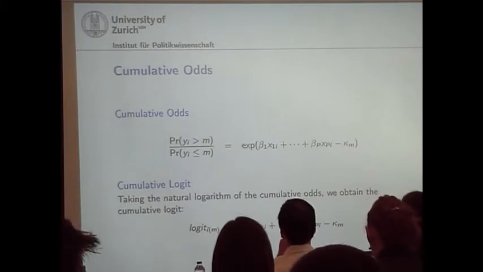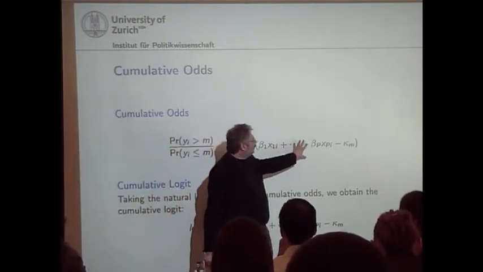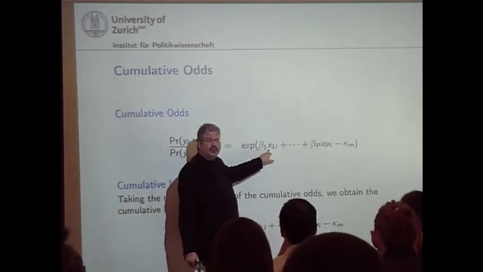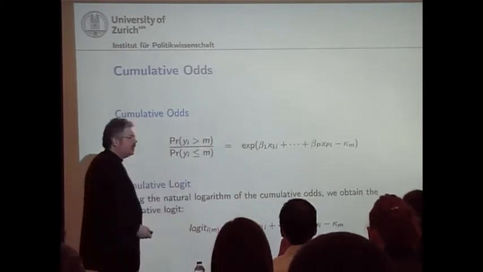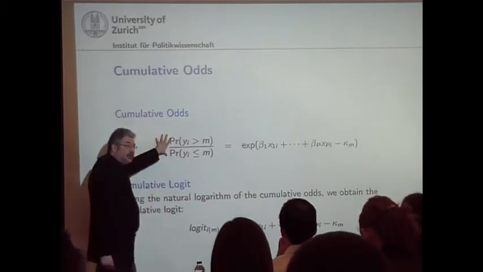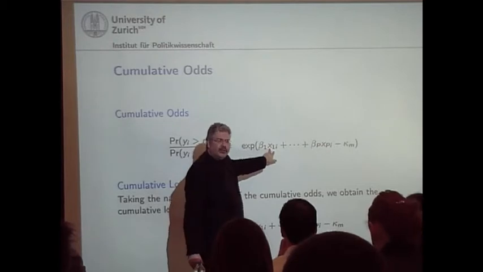Now, again, what you could do is to say, well, imagine we hold all of these predictors constant, but I'm going to increase this x1 by 1 unit. Then we could say, what happens to the cumulative odds. We take the cumulative odds when we didn't change that variable.